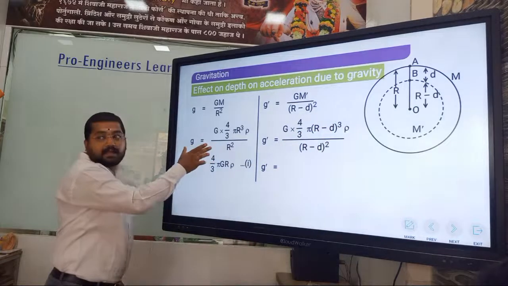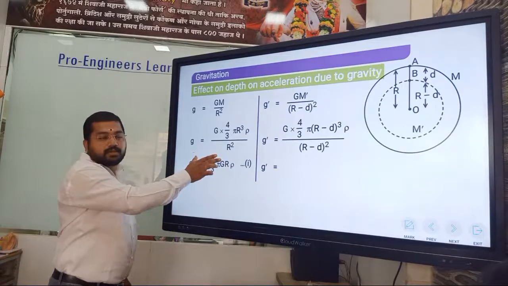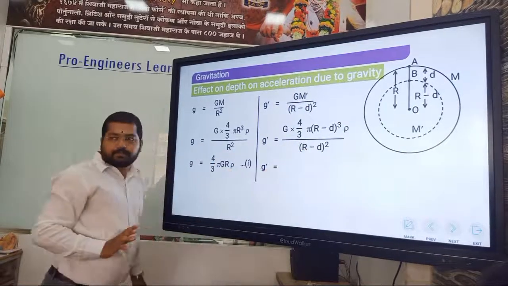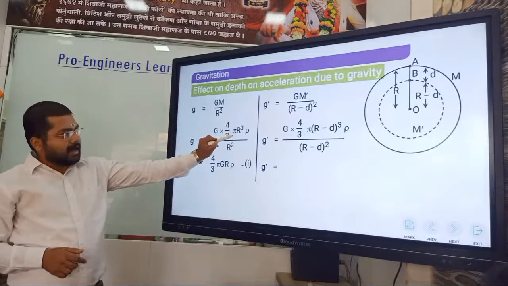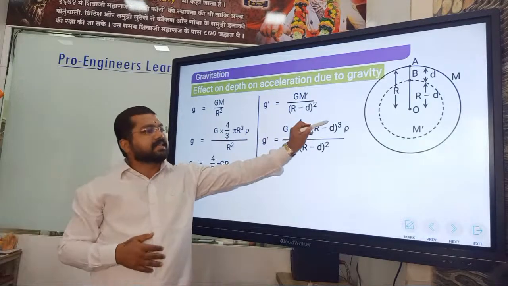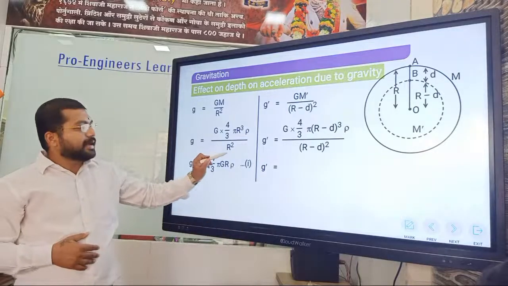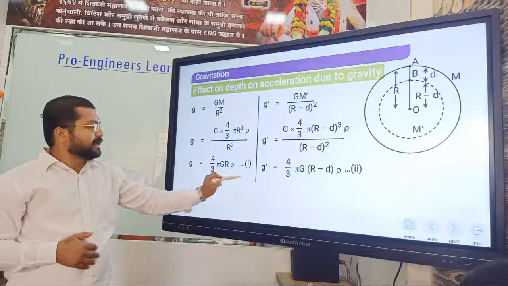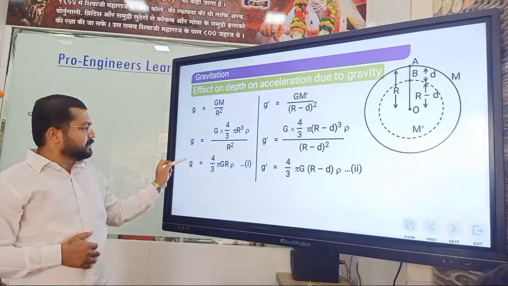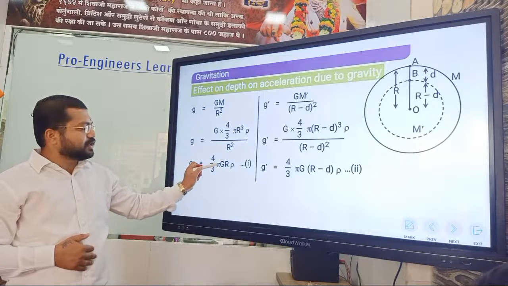Means we are just comparing these values with the depth. We have inserted R cube as R minus D cube, R square as R minus D square. So on the left hand side, G is 4 by 3 pi G R rho.